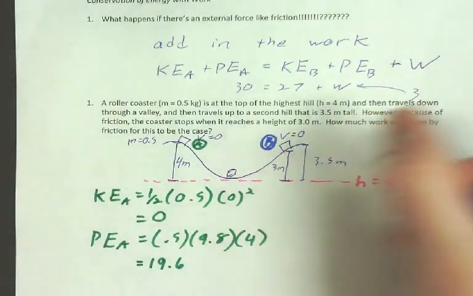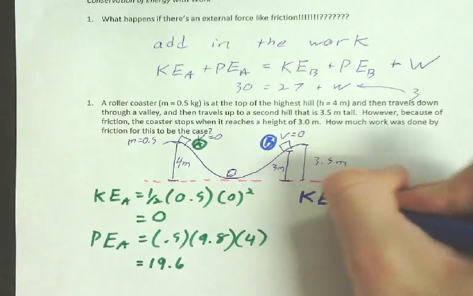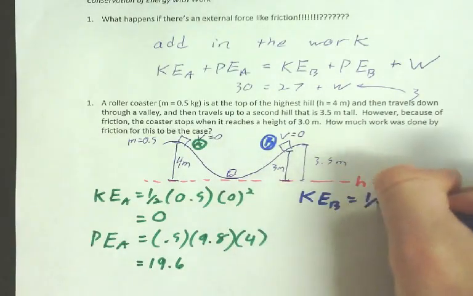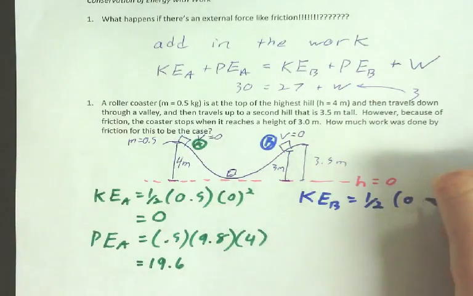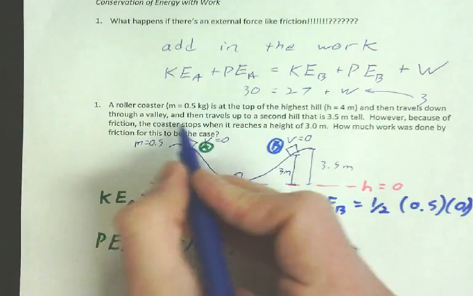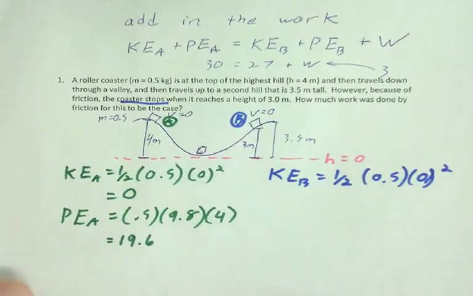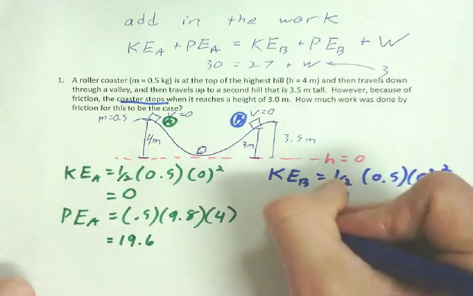So B is 1/2 mv squared, which this time is 0. It's not an unknown. It's 0 this time because it says that it stops. So that's 0.